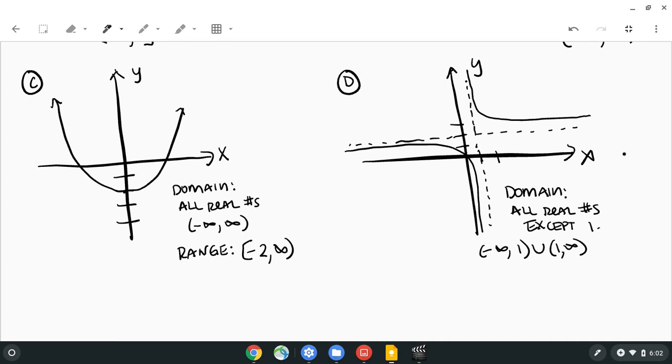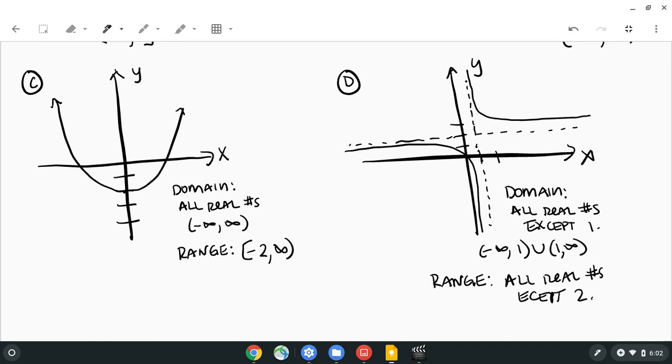Okay, and the range, we're going to do the same thing. So let's take a look. We know it's all real numbers except for what y value is not being used? This one. There's our wall. So except for 2.